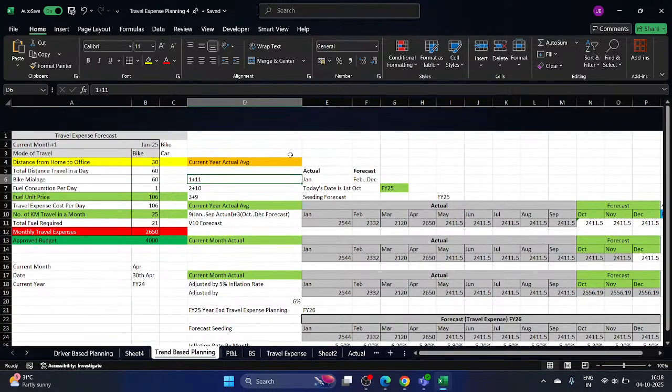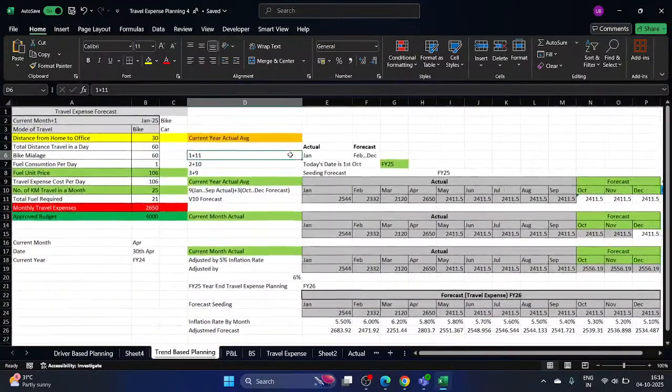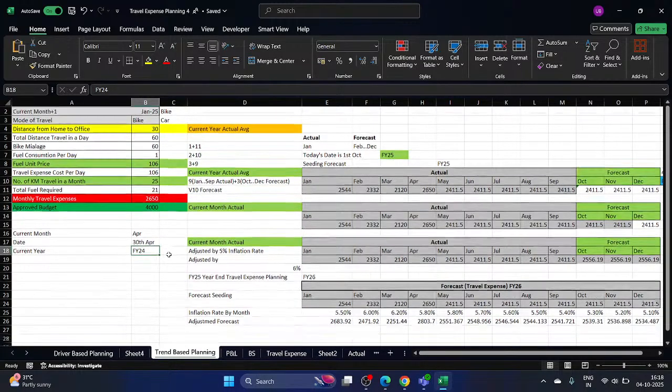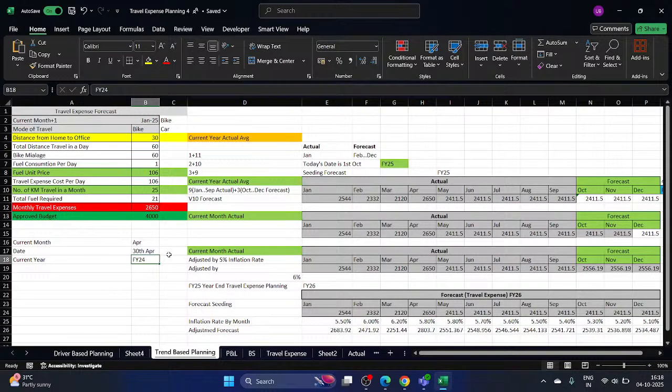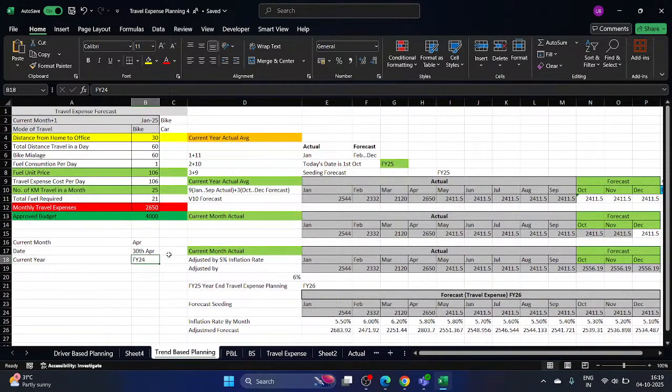But this combination is quite good as compared to that. So now we are getting how the combination of actual and forecast generally works.